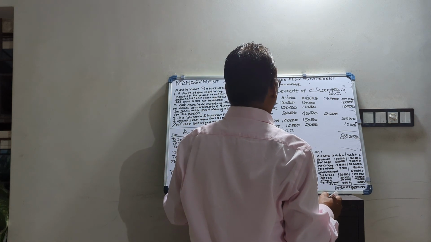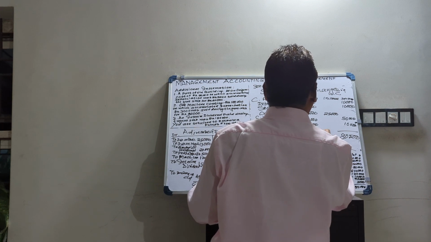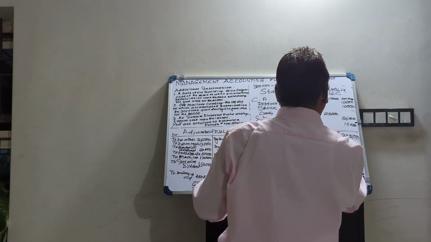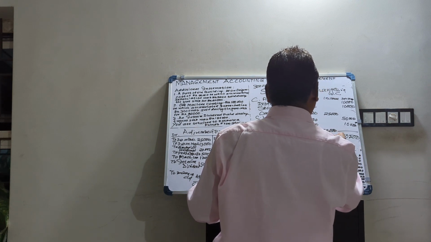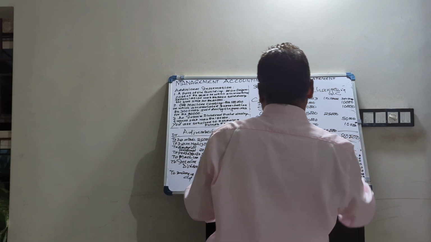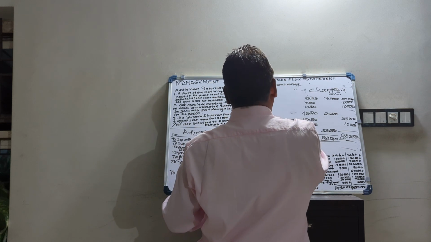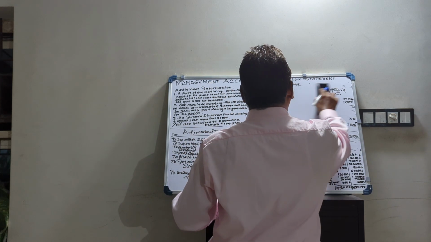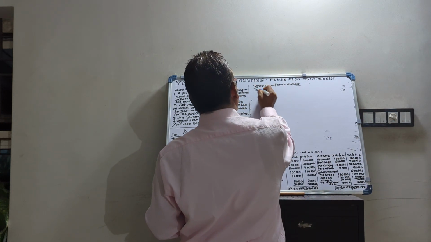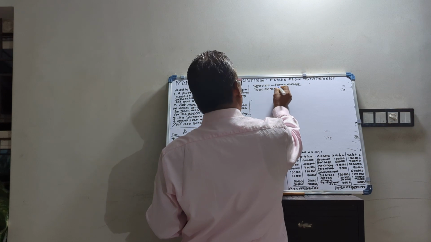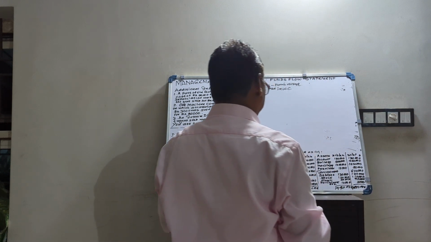We have raised short-term loans from banks or financial institutions, you will write 55,000. So the decrease in working capital is 55,000.